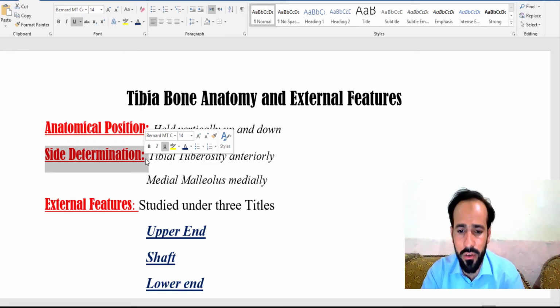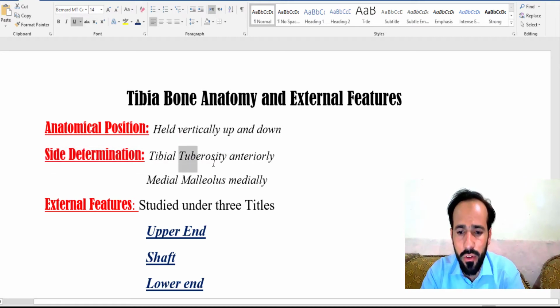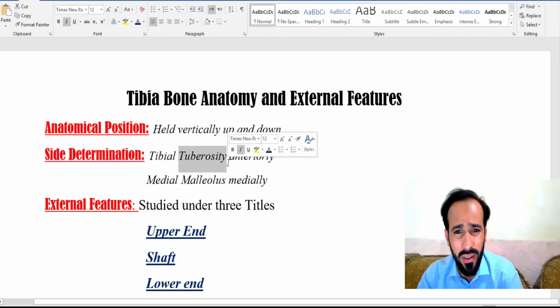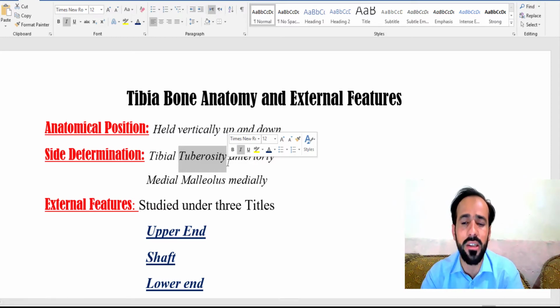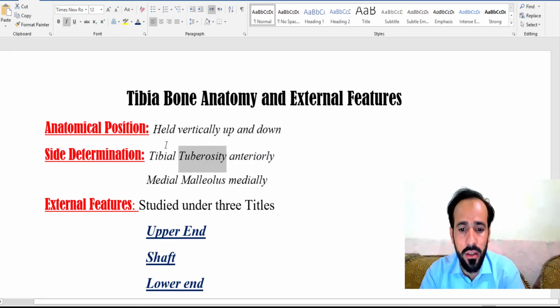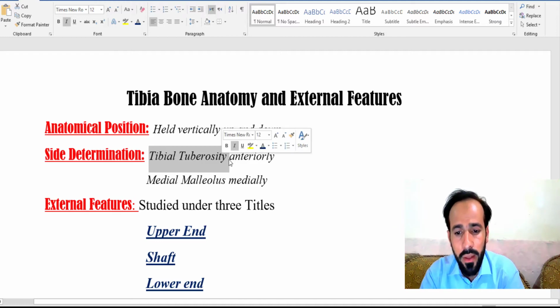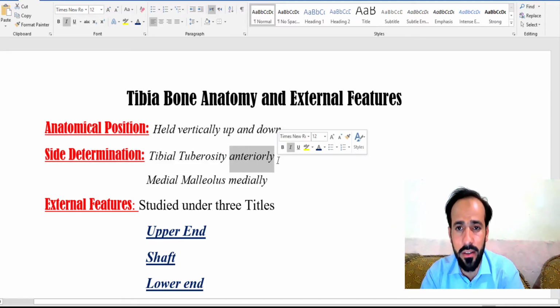But here I have written that there is a tuberosity in the tibia bone, right? In the upper end of this tibia bone there is a tuberosity anteriorly, and that is called the tibial tuberosity, and you should keep this tibial tuberosity anteriorly, right? So, first thing, how to determine the side and where the tibial tuberosity is, I will show you right now.